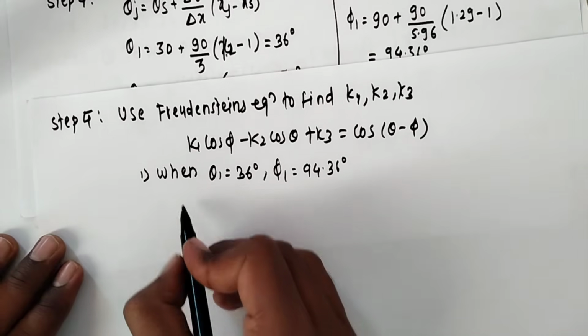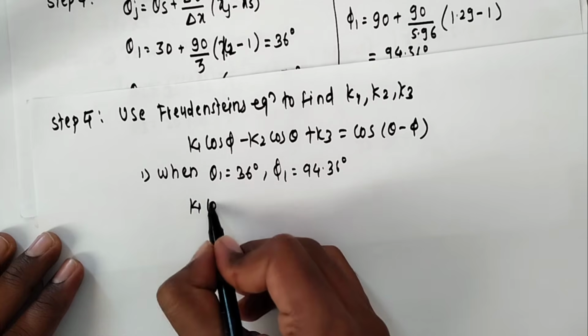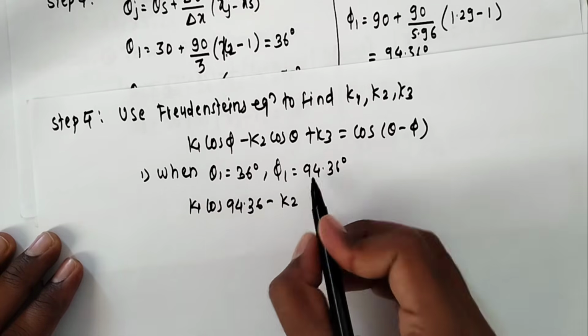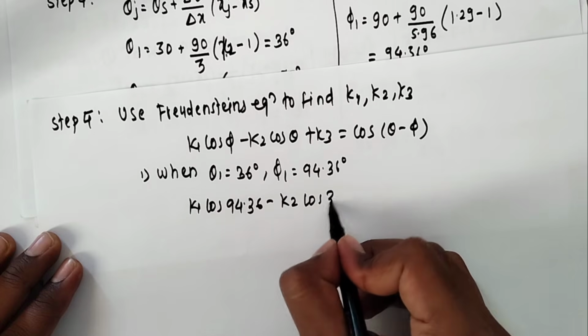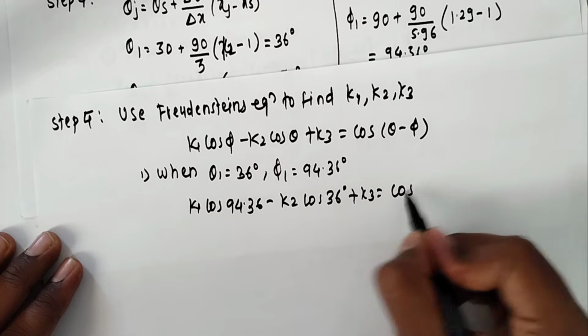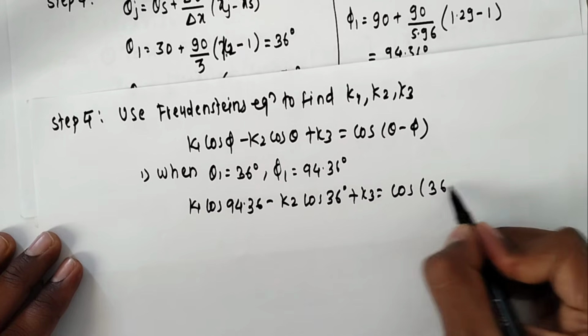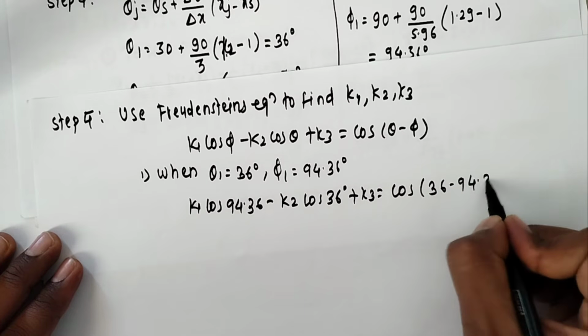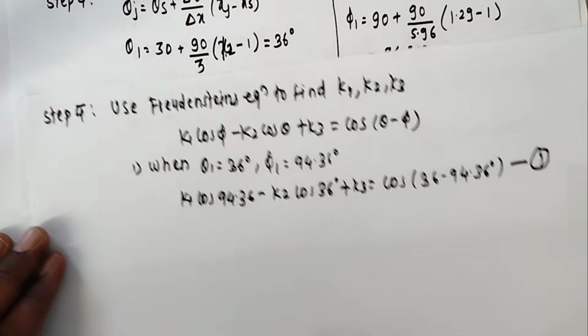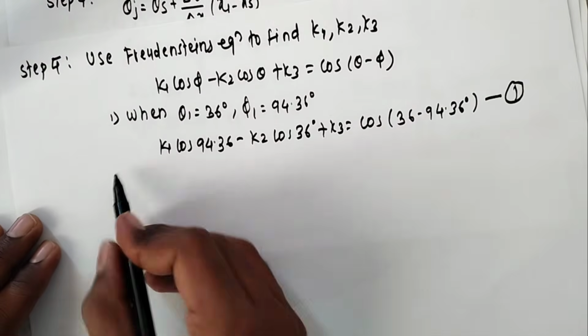Then my equation is k1 cos of 94.36 minus k2 cos of 36 degrees plus k3 is equal to cos of 36 minus 94.36, equation number 1.